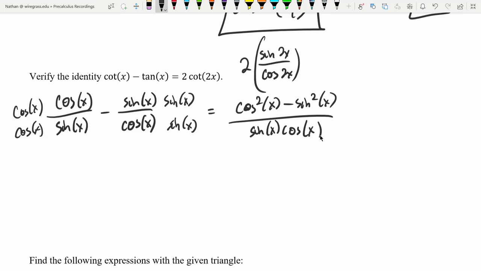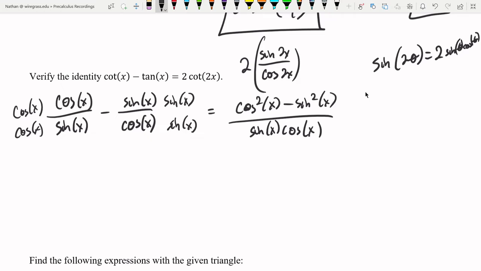Okay, I know I'm looking for sine 2x and cosine 2x, so I need to have a double angle in there somewhere. Looking at the double angle formulas, I see sine 2 theta equals 2 sine theta cosine theta. We just used this one in the previous problem.